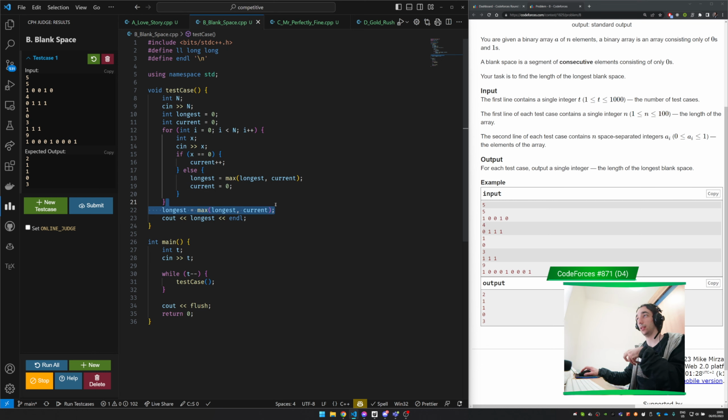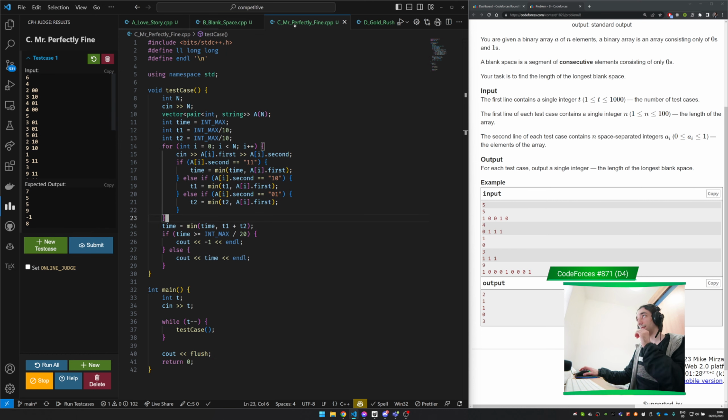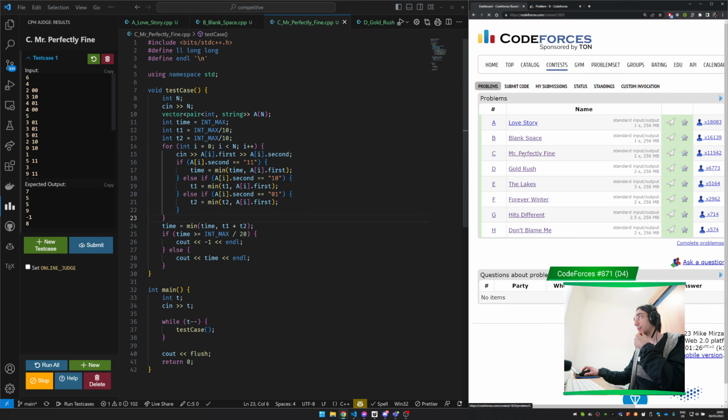And at the end, update the longest sequence again, because maybe current is some bigger number, if there are a lot of zeros at the end without a 1 at the end. This could be avoided by pushing one more element, a 1, and then not reading that element, but it's enough. Okay. C, also quite a simple problem.